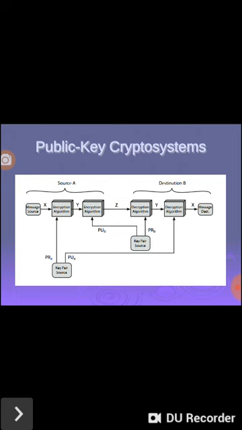You can use the private key of source A for the encryption. Also you can use the public key of destination B for the encryption. So that is PRA and PUB.